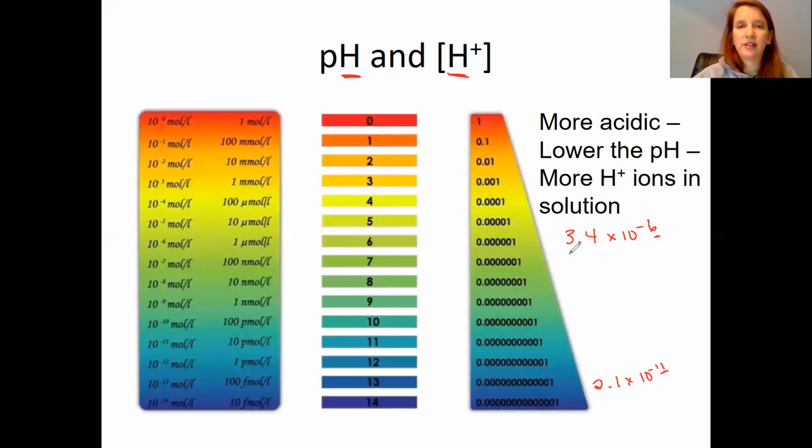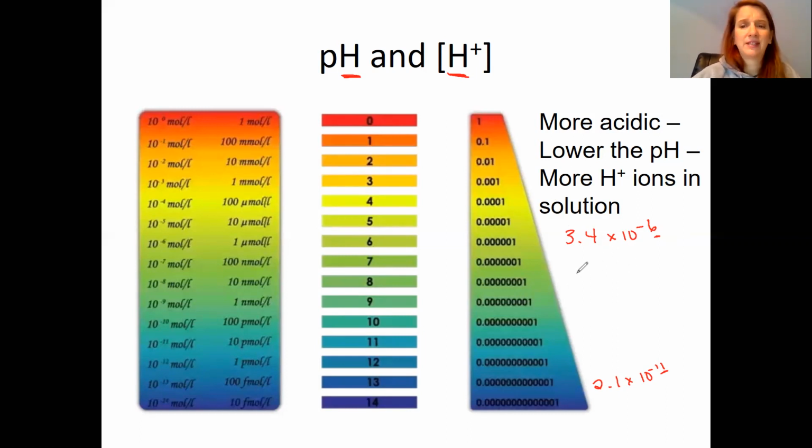It's not necessarily the first number that tells us how many hydrogen ions are in solution. We're really interested in that exponent, because these are negative, so these are all going to be less than 1. You can see in this chart.